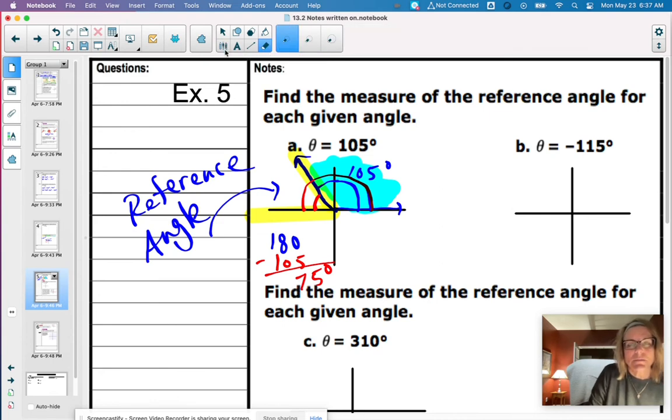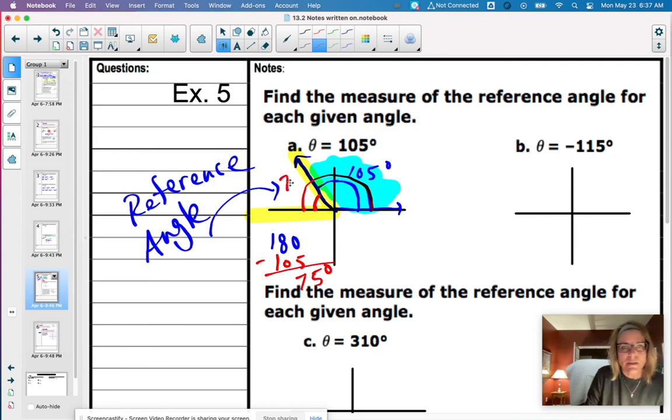All right. So our reference angle is right here and is 75 degrees. That is our answer.